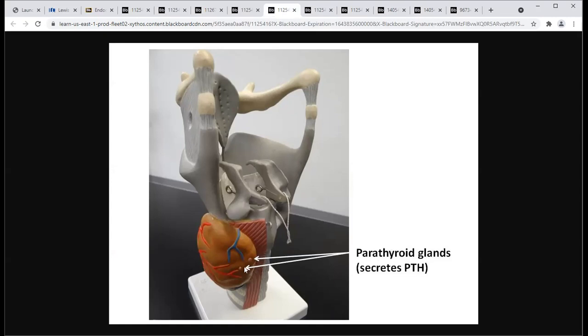So parathyroid glands, again, monitor blood calcium levels. They get activated when blood calcium levels are too low. And through stimulating the actions of osteoclasts in the bones, calcium is released to make up for that calcium deficit in the blood. We'll be seeing control of inorganic components of the blood.